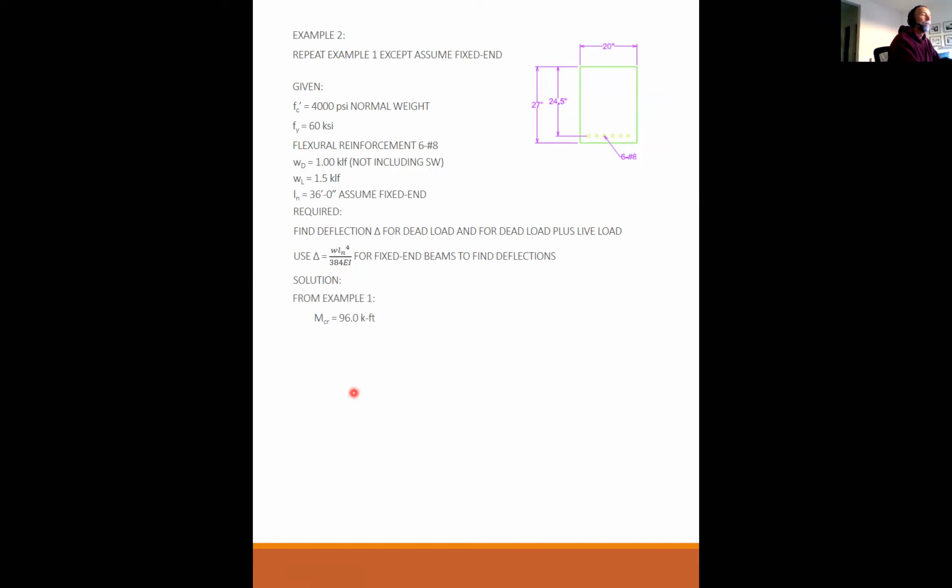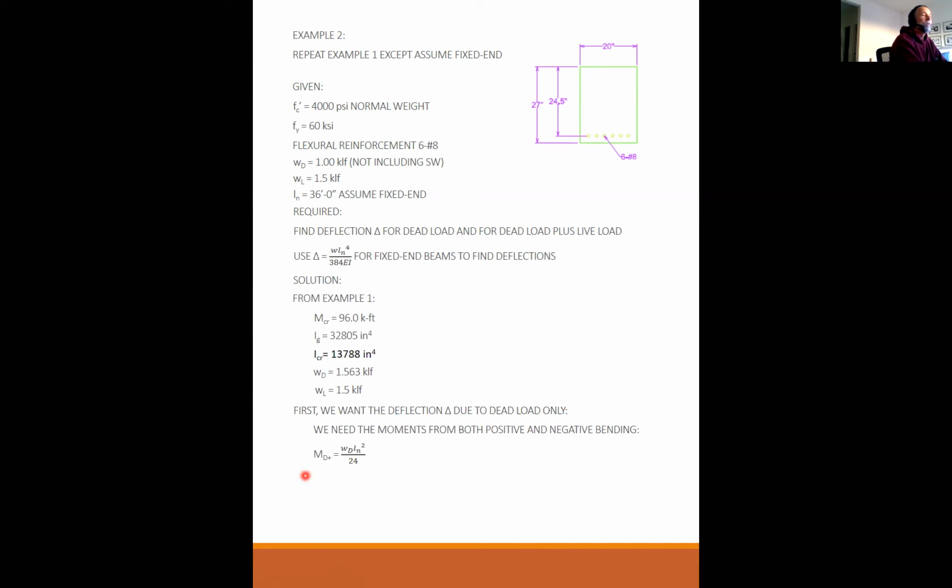Solution. Okay, so from example problem 1, we already got the M cracked, I gross, I cracked, and the dead load and the live load. So all this is the same as example 1. First, we want the deflection due to dead load only, but we're going to need the moments from both positive and negative bending.